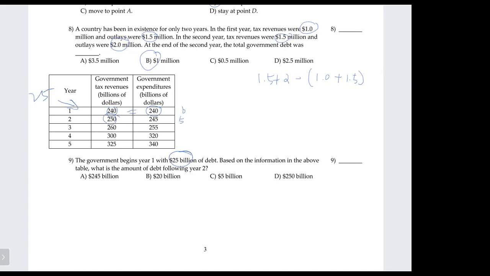So that's going to wind down the debt by 5, or pay off debt. Again, here we just assume no interest payment. Okay, and hence at the end of the second year, the debt will be 20, right? Because they can pay off 5 billions of debt.